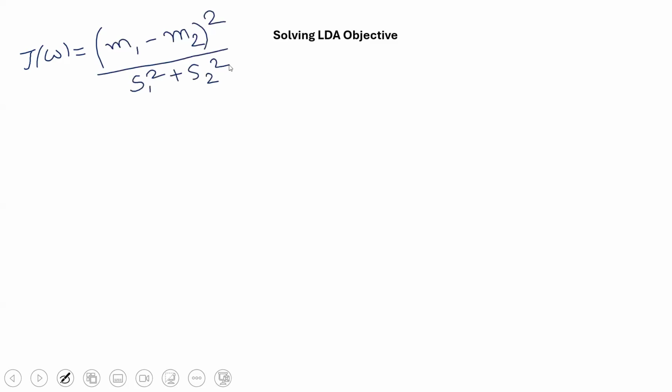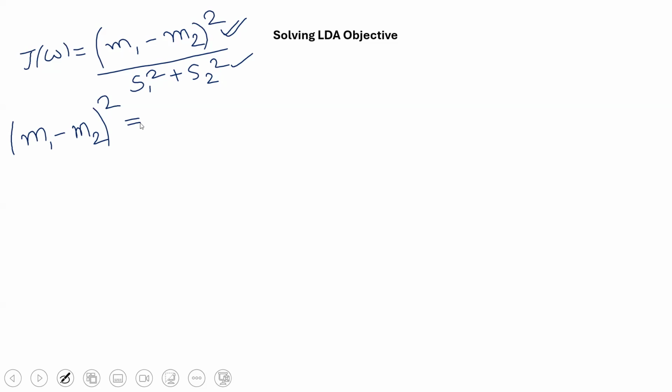Okay, so this is our objective function. So this is the numerator and this is the denominator. Let's just go with the numerator, m1 minus m2 whole square. Let's just try to solve this, and then we can come back to understanding the denominator. So what is m1?